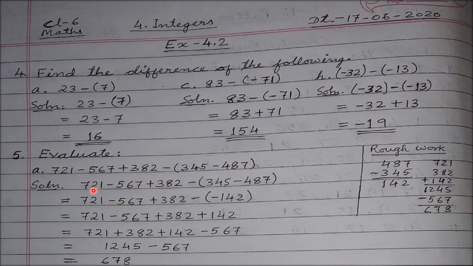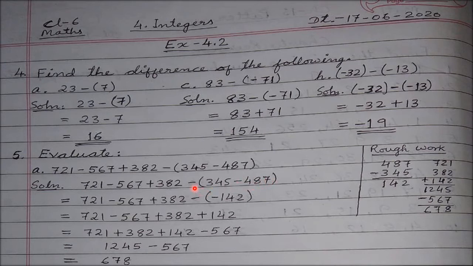Now writing those again here, while we start the solution, you may use the BODMAS rule, or you may open the bracket. When you open the bracket, since 345 is positive, there is no sign before it, that means it is positive, plus. So plus into minus, it will become minus 345 in the next step if you open the bracket. And then the other one, minus 487.